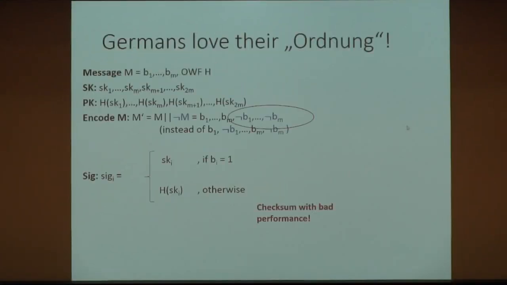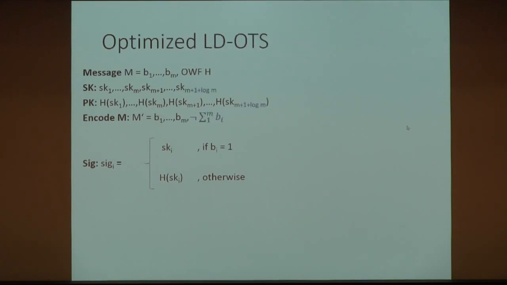Okay? Now if you look at this, then you recognize that this is actually a checksum with very bad performance. We simply double the message length. And the first optimization, which is also the basic idea of Winternitz, is we append a shorter checksum. So we can append a checksum of length 1 plus log m, which is simply the negation of the sum of ones in the message.